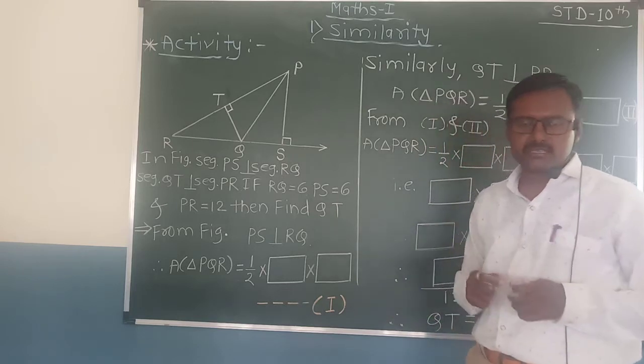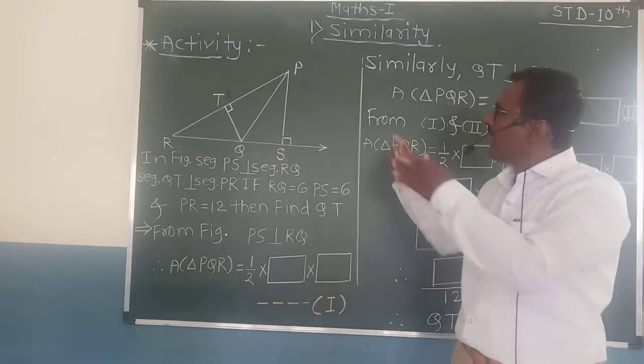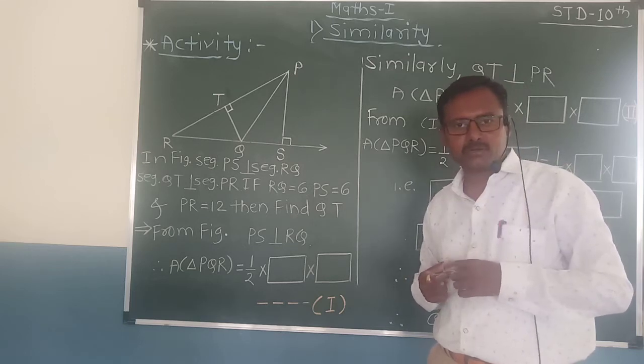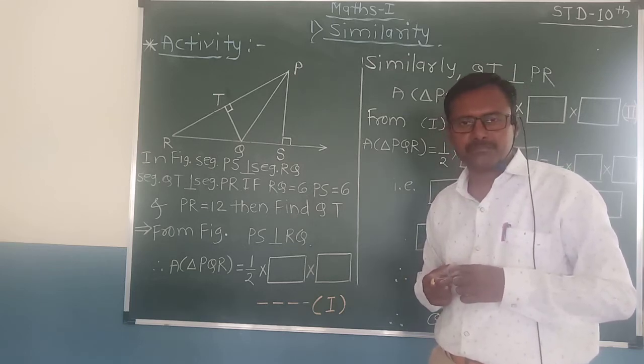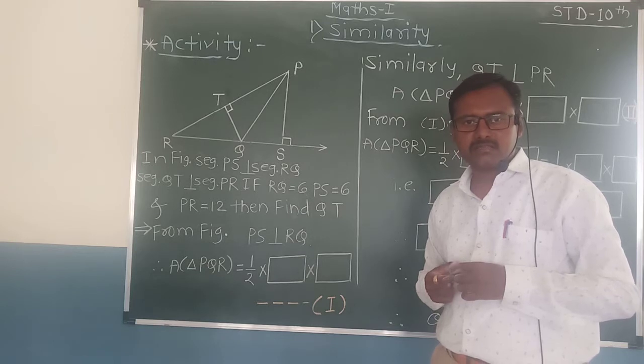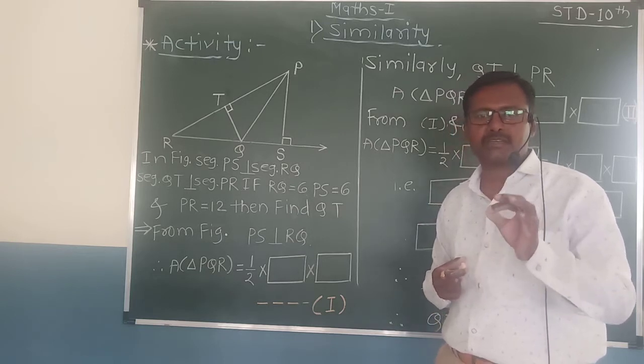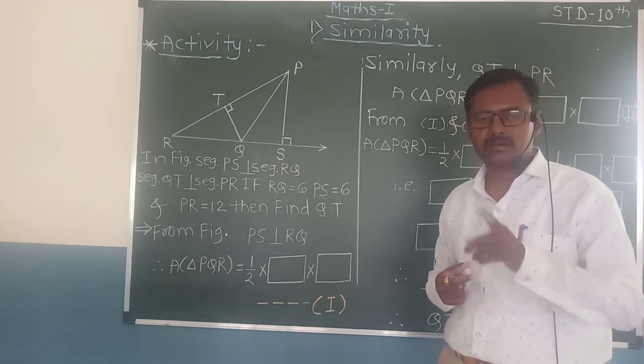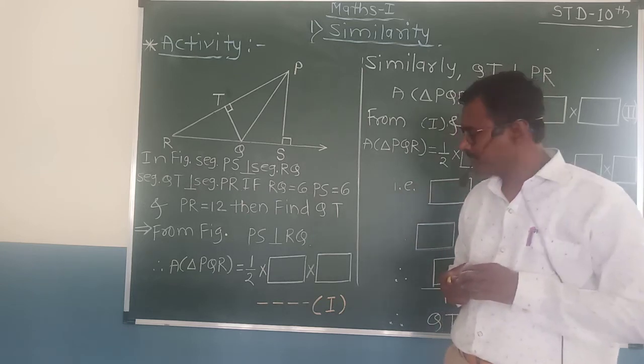The base to solve the activity, or the property we have discussed in the last video, is the formula to calculate the area of a triangle, that is 1/2 base into height.